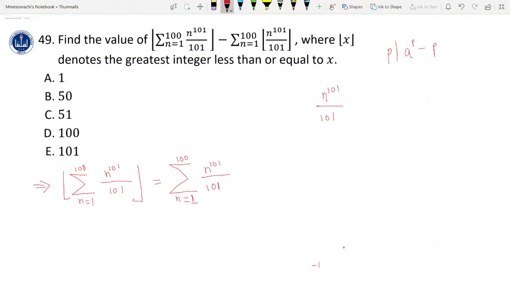So this implies that, let's just split this fraction. This is equal to n to the power 101 minus n all over 101, plus n all over 101.